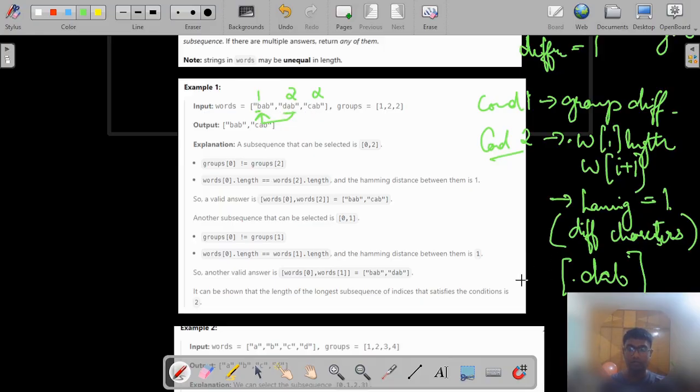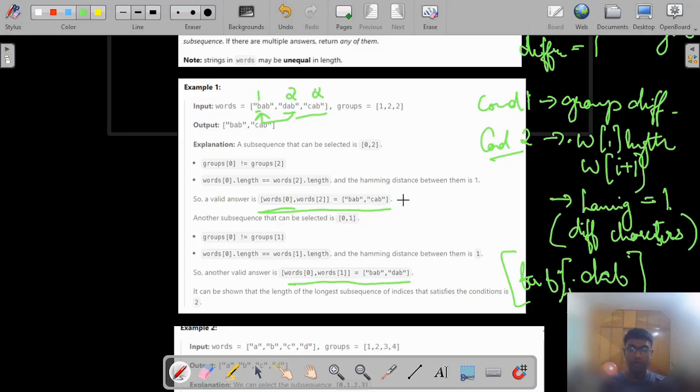So BAB and DAB can possibly be a solution, while BAB and CAB cannot become a subsequence as they have the same groups. So we see either BAB or CAB can be a possible solution, right? That's the same answer that we see here. So either BAB or DAB or CAB.